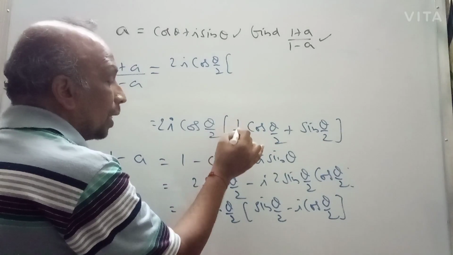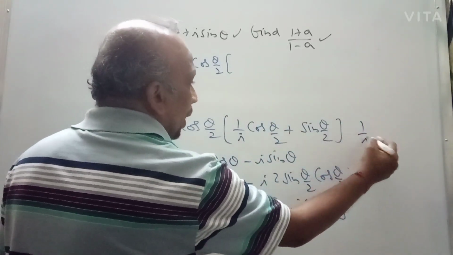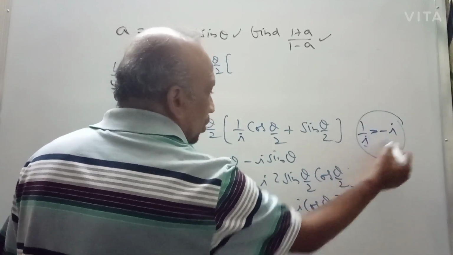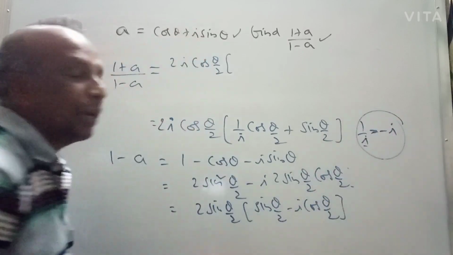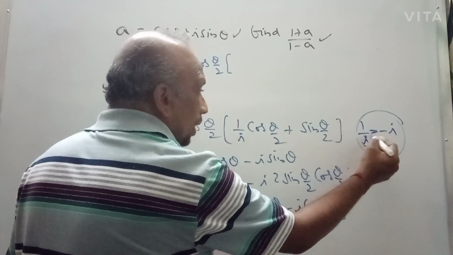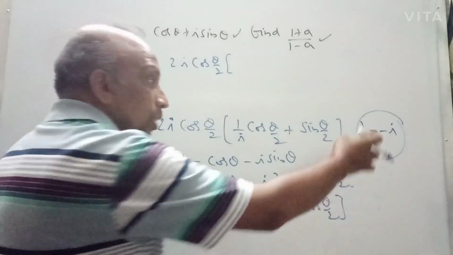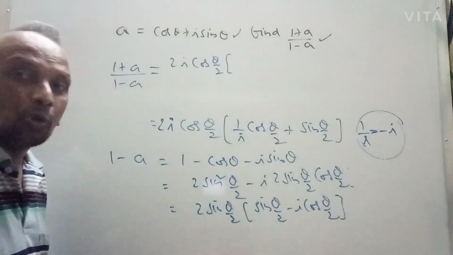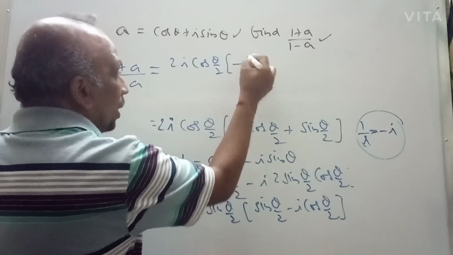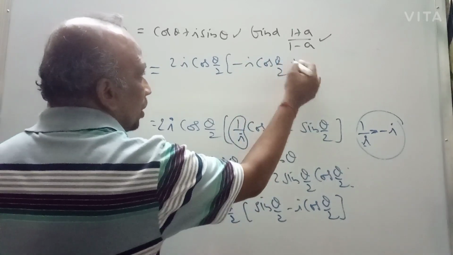Always remember, 1 by i is nothing but minus i, because you can do cross multiplication, i square is equal to minus 1. So 1 by i always equals, you can rationalize it, minus i. 1 by i equals minus i. You do cross multiply, 1 equals minus i square equals minus 1. So replace 1 by i with minus i: I can write minus i cos theta by 2 plus sin theta by 2.